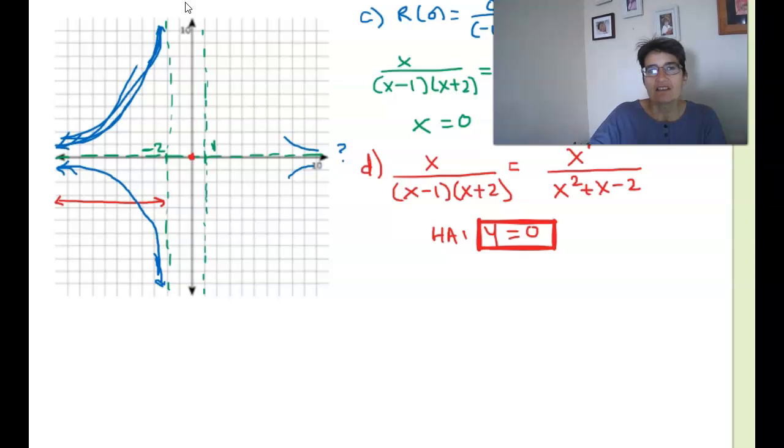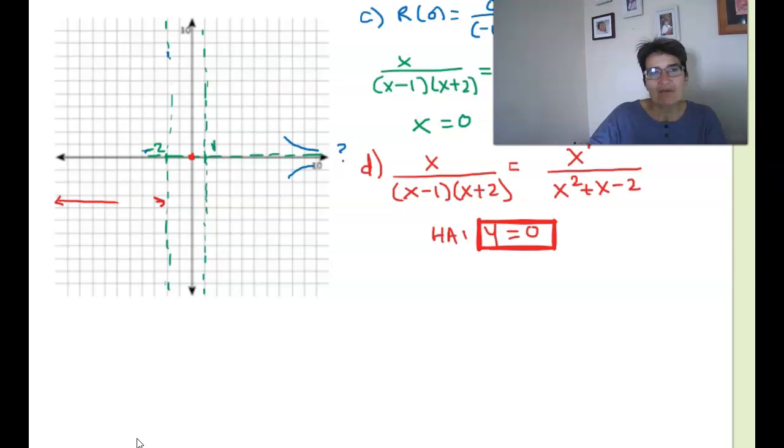Sometimes, occasionally, you'll get a function that will do more things, like it will cross and then shoot up. There's more detail to it, but we're not looking for that level of detail yet. Once you start getting to know calculus, you can figure out those turning points. For now, we're more general.